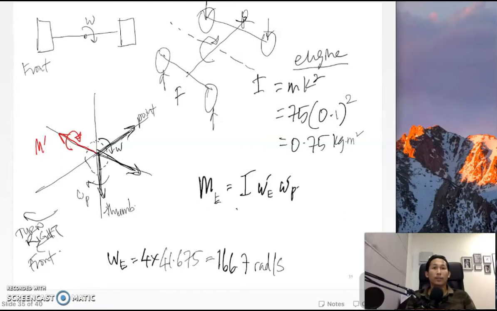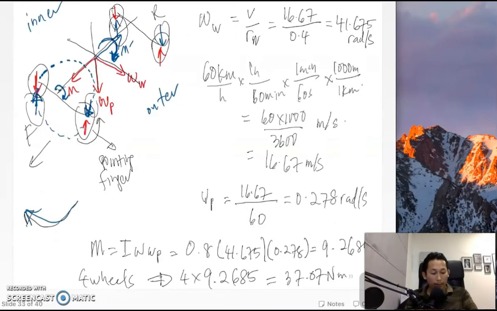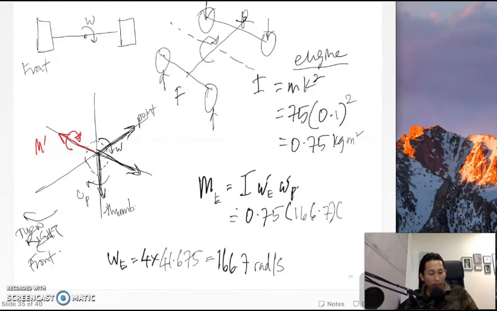Then we can calculate our moment, which equals 0.75, the moment of inertia, times omega E, 166.7, and our precession, which is 0.278 radian per second.